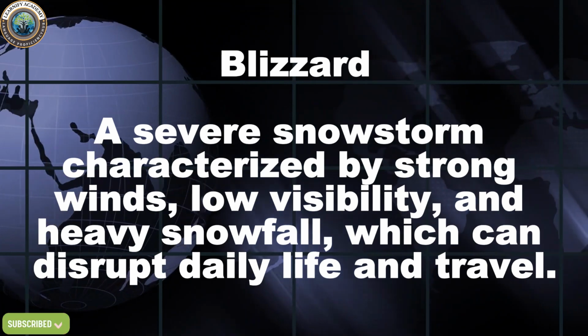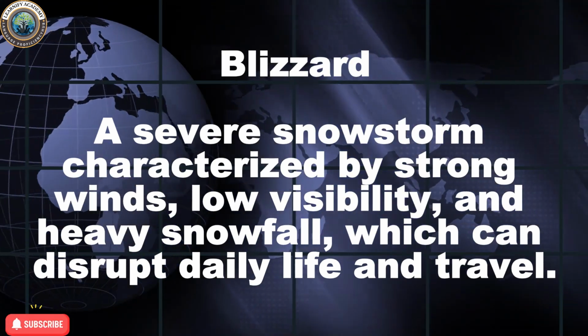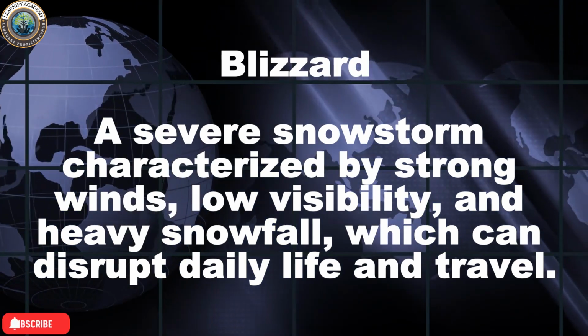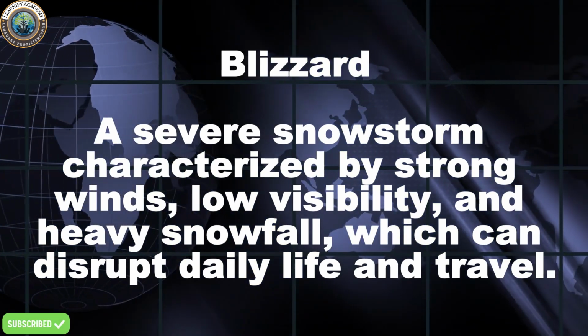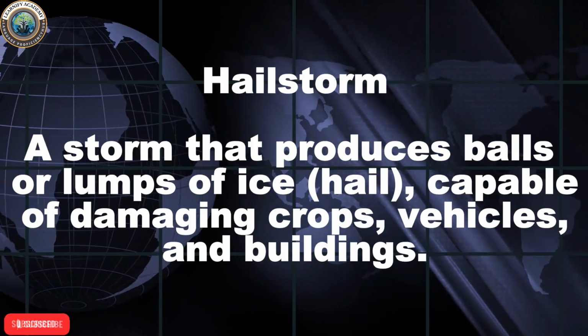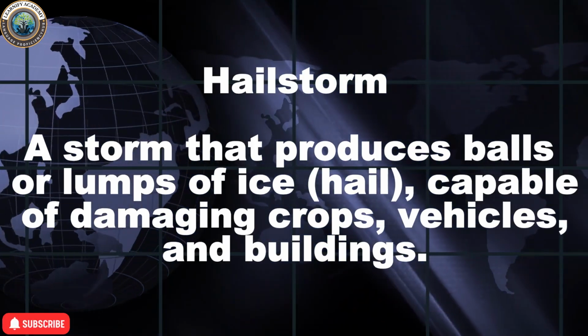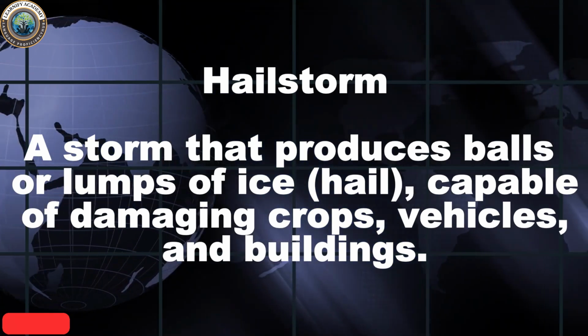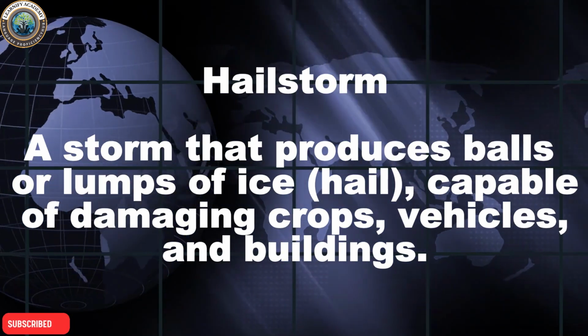Blizzard, a severe snowstorm characterized by strong winds, low visibility, and heavy snowfall, which can disrupt daily life and travel. Hailstorm, a storm that produces balls or lumps of ice, hail, capable of damaging crops, vehicles, and buildings.